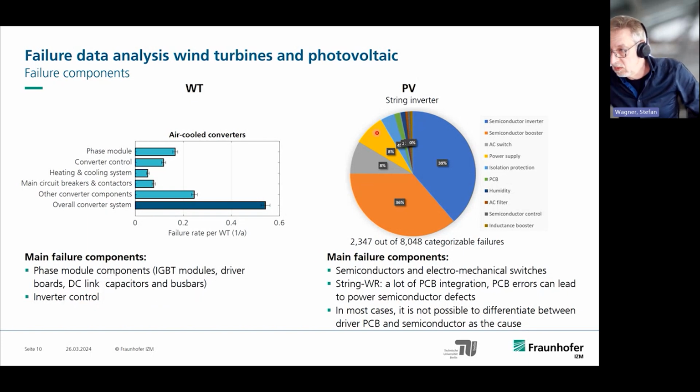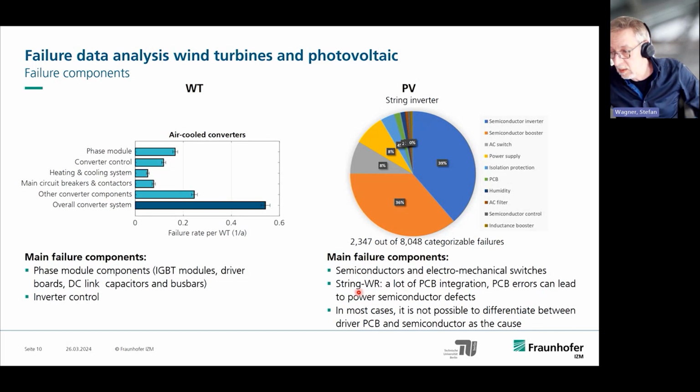On the photovoltaic side, for example, you see the analysis of a string inverter, and more than 2,000 failures out of a database of 8,000 are categorized here. And here, the main failure components are also the semiconductors and electromechanical switches.